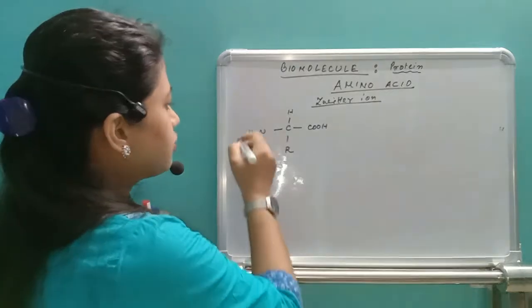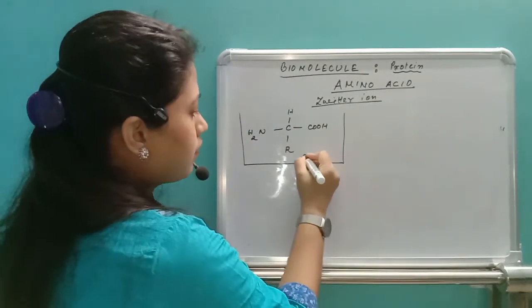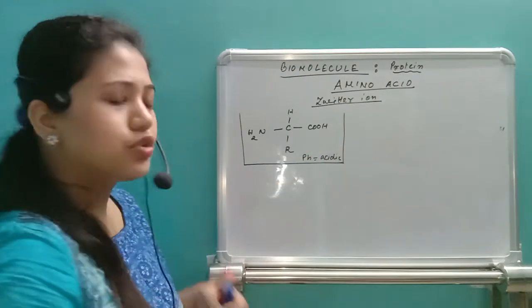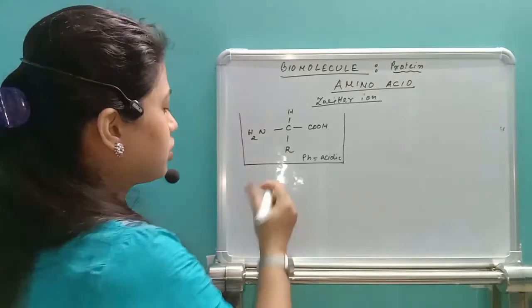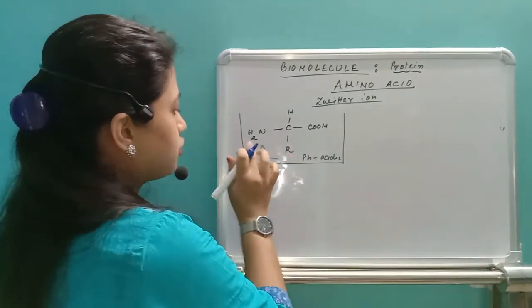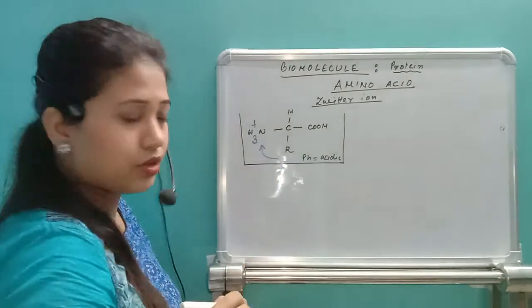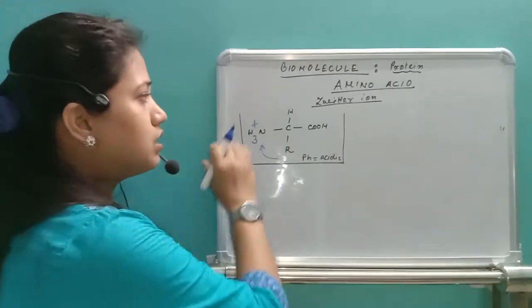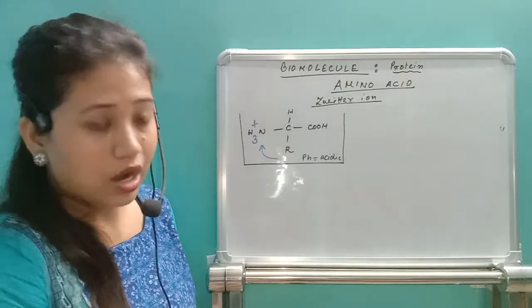Okay, so if you take a solution and that solution has a pH, suppose an acidic pH, then in this acidic pH, what will happen, one hydrogen will be added, so it will be converted into this, right? So what happened in acidic pH, this amino acid will show a positive charge.